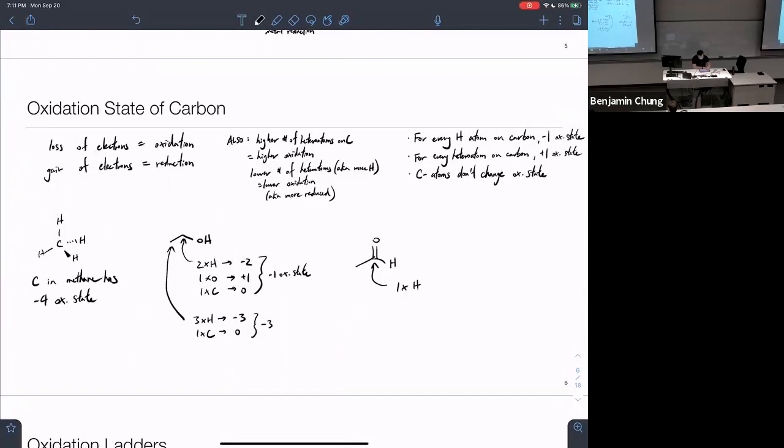For the double bonded oxygen, we count that as 2 oxygens. So 2 oxygens. And then we have 1 carbon with the neighboring carbon there. So that's -1 + 2 and 0, which gives us a net +1.